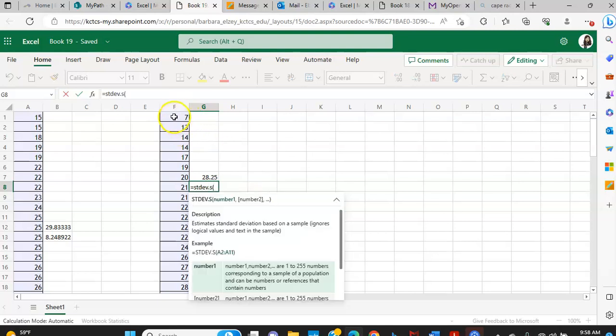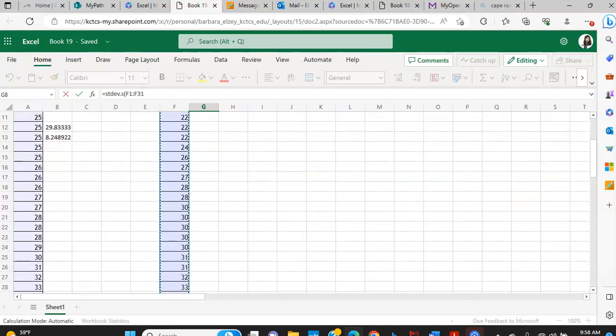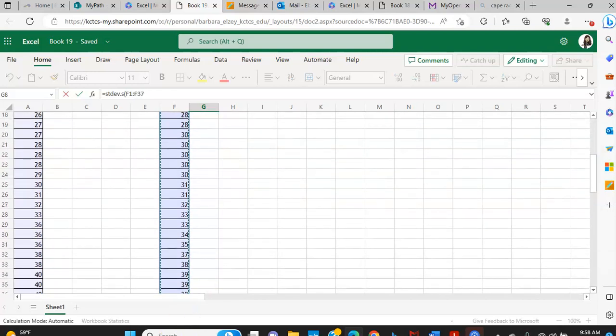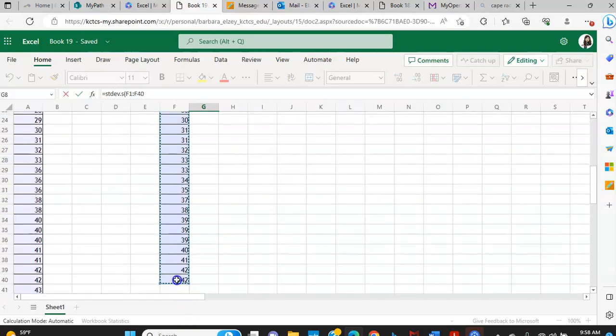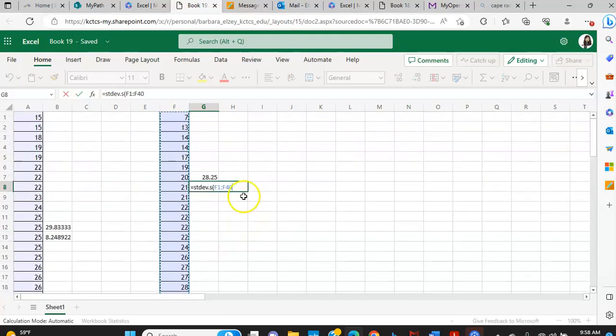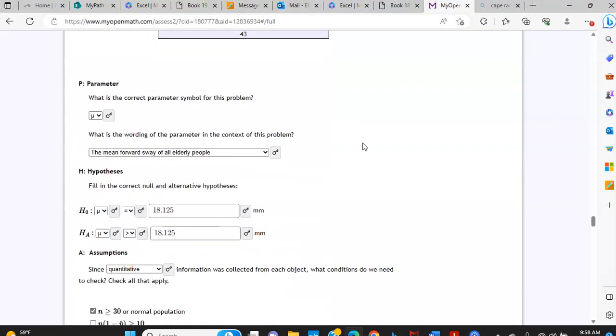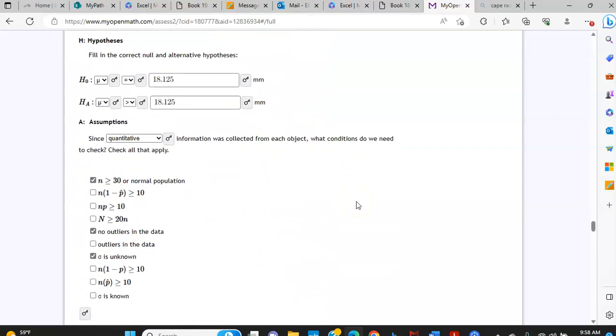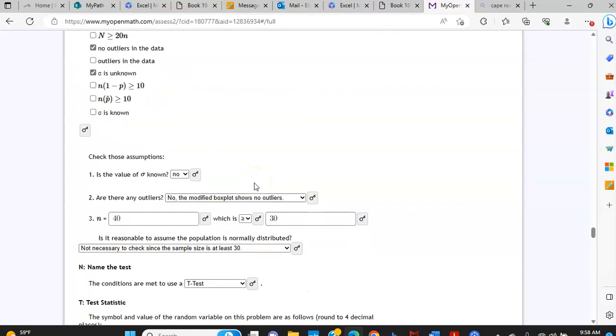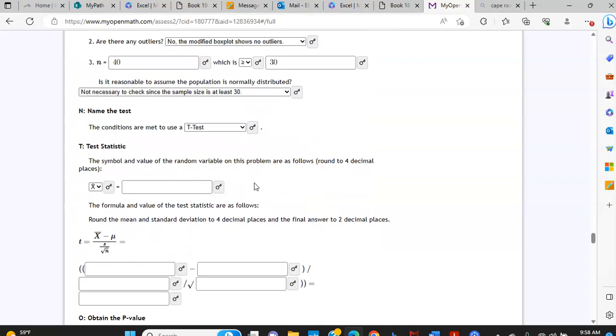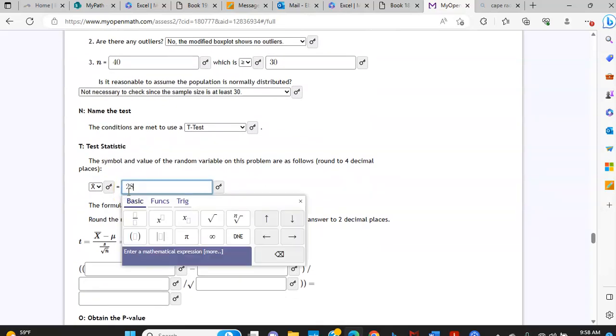I'm going to do exactly the same thing, just highlight all that data and close it. And there's our standard deviation. All right, so 28.25. Let's go back. This is going to be 28.25.